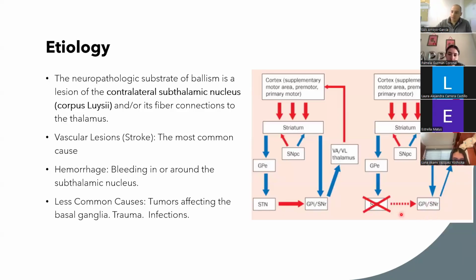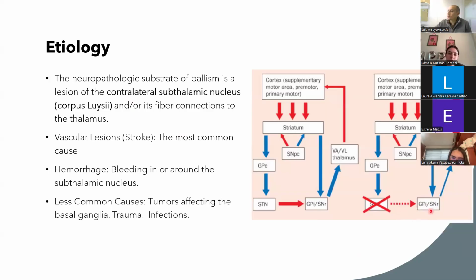The problem, Estrella, here is that we cannot actually activate this one. Why? Because it's damaged by a lesion. Exactly. So we don't have neurons that actually help us. So we need to jump this part, right?